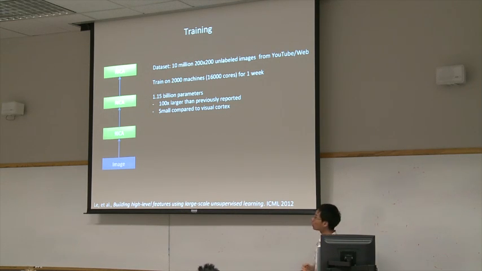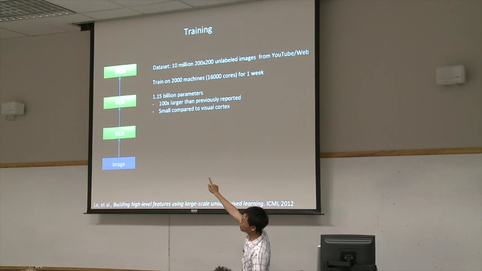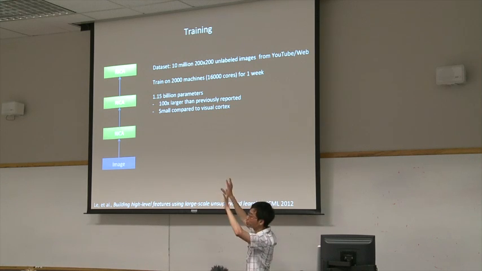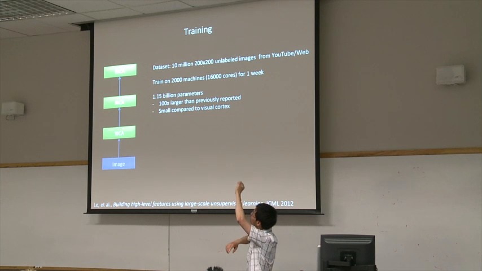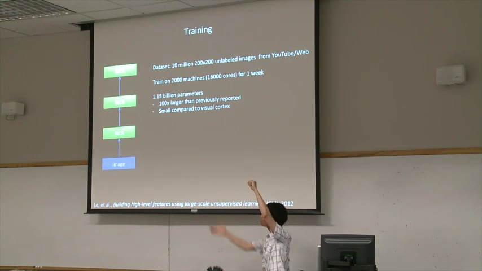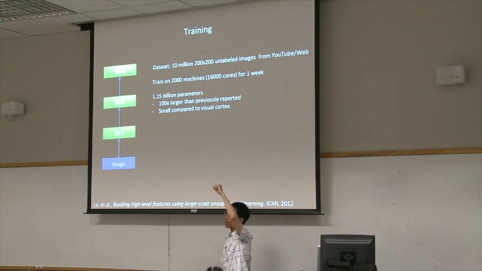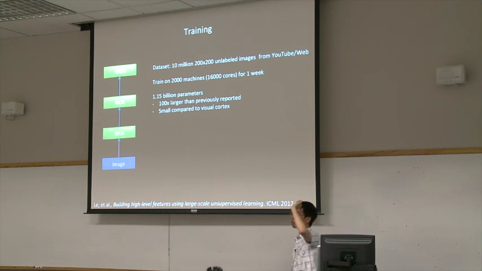Okay, so after the training, we have to do analysis to understand what's going on, what we've learned. So we take the neurons at the top layer, one neuron at a time, and give a lot of images to it. This algorithm is trained with entirely unlabeled data. We give a lot of images to the input of the network, and then we see what images the neuron likes to see the most.